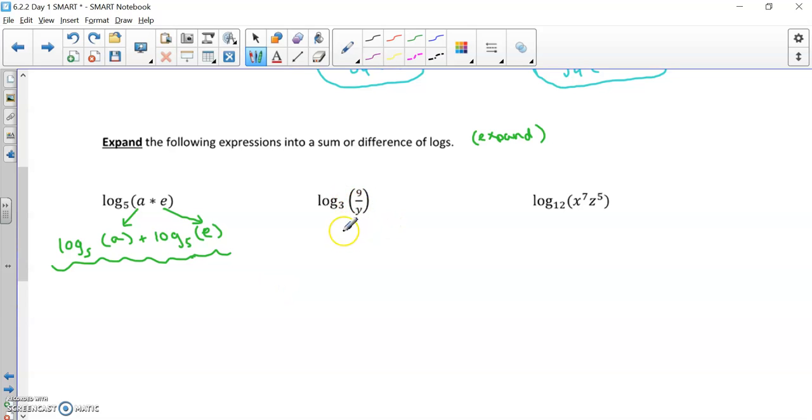For this one, I see division. So division, and let me write this. This is, I used the product rule here. Here, I can use the quotient rule and say that, okay, if there's division inside my log, that turns into subtraction of two logs.